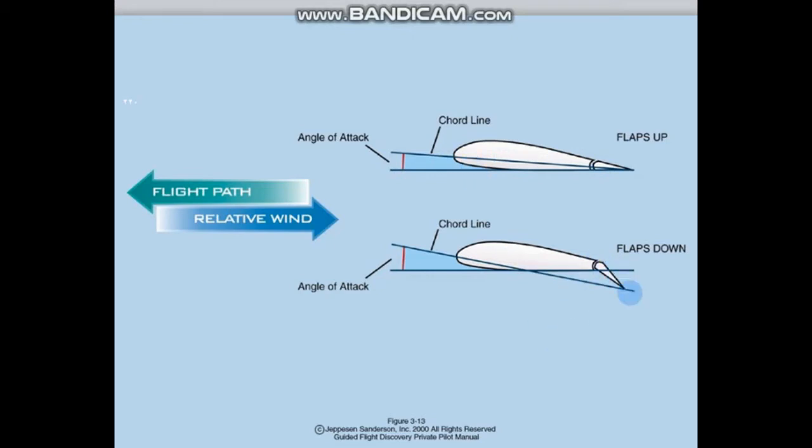But here, as the flap is deployed, the angle of attack will increase. As angle of attack increases, that helps the aircraft during takeoff by increasing the lift, and during landing it helps the aircraft to have more parasite drag, and that helps the aircraft to kill speed or to reduce the speed of the aircraft.